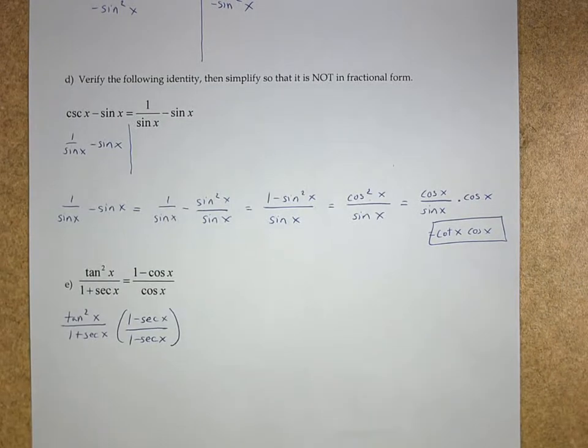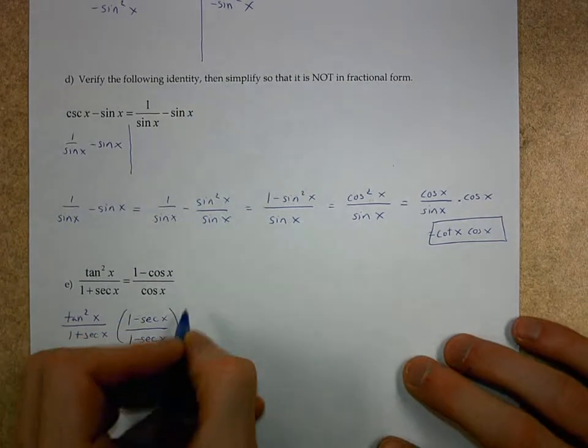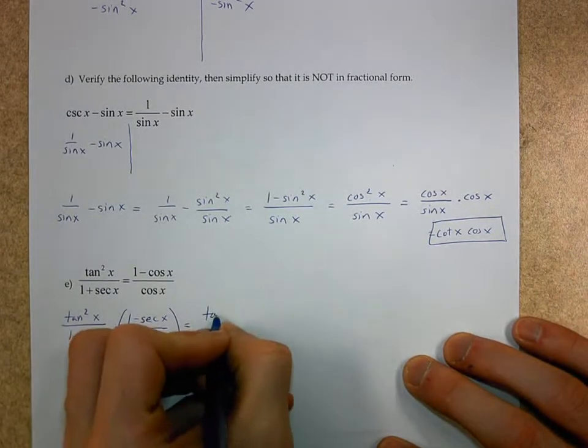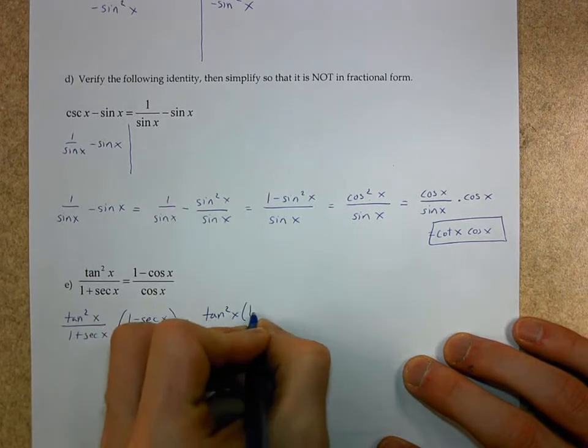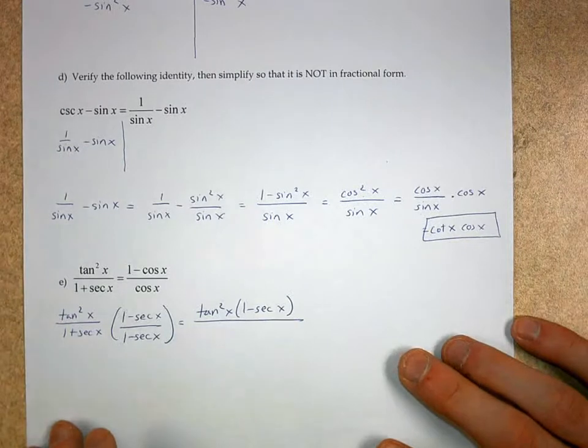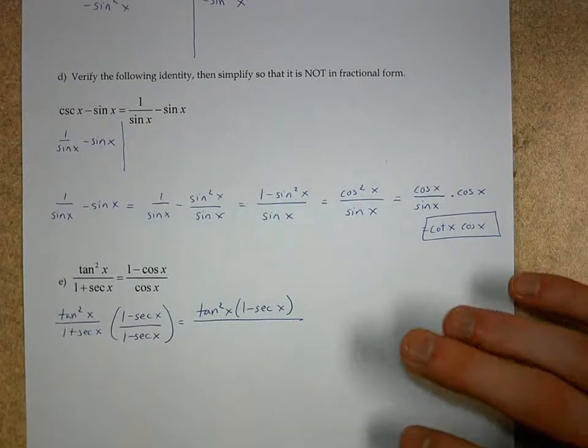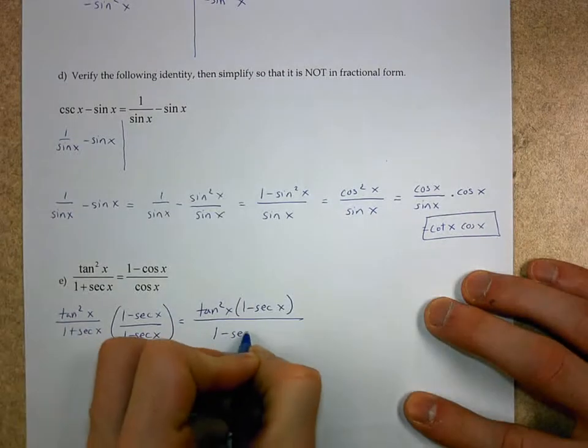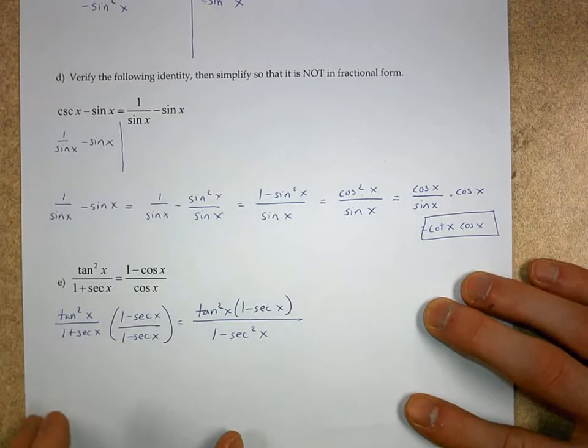We know that when we do that, we're going to get something that looks like the difference of two squares. So my numerator becomes tangent squared of x times 1 minus secant of x. My denominator, as I said, is the difference of two squares, which will be 1 minus secant squared of x.